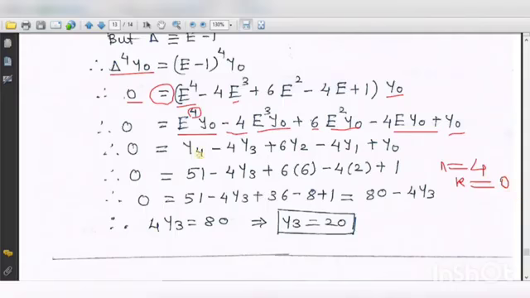So what will we get? It is 0 plus 4, so that is y4. Then minus 4 is as it is, and E cube y0 is y3. Then plus 6 is as it is, then E square y0 is y2. Then minus 4 is as it is, and E on y0 is y1, and this y0 itself.